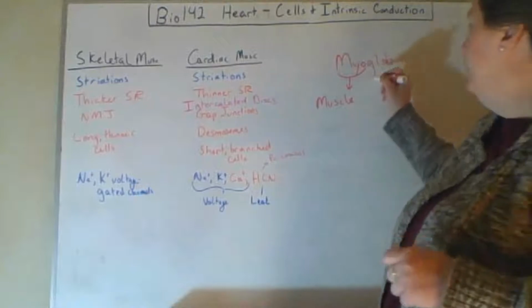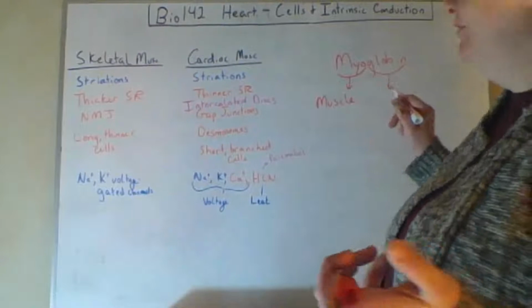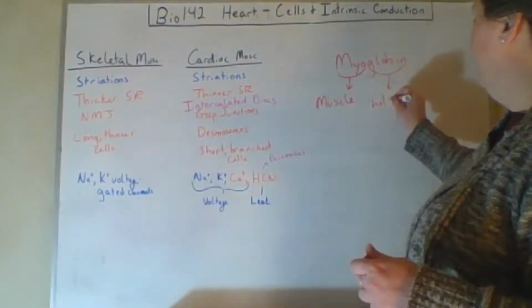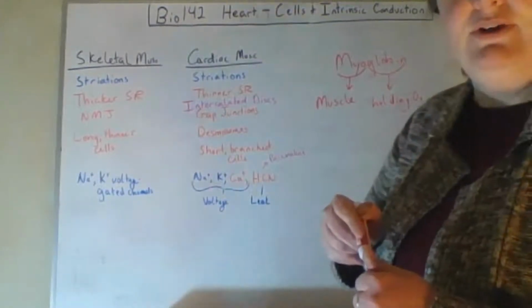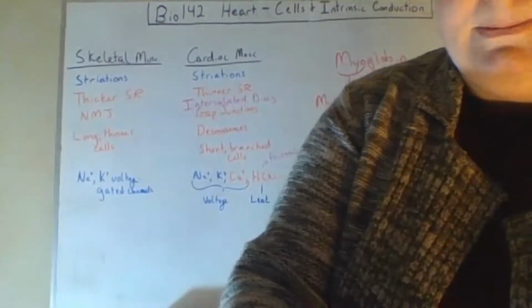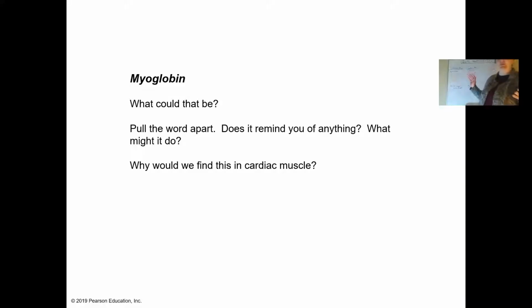Does that remind you of anything? Hemoglobin, perhaps? So this is going to be holding oxygen. Why would a cardiac myocyte want to have an extra supply of oxygen? Well, because it's contracting, and it's not like my heart muscle is going to stop and rest for any long period of time, right? So we need to have a good supply of oxygen. You need to keep it well supplied. Okay.